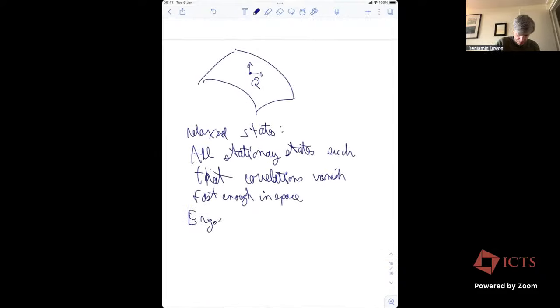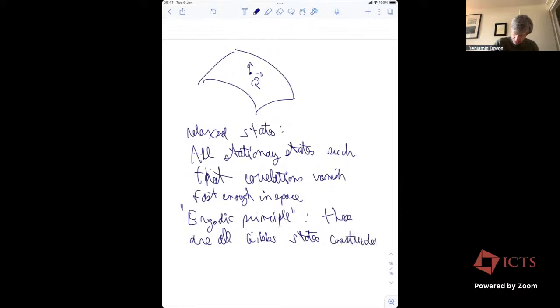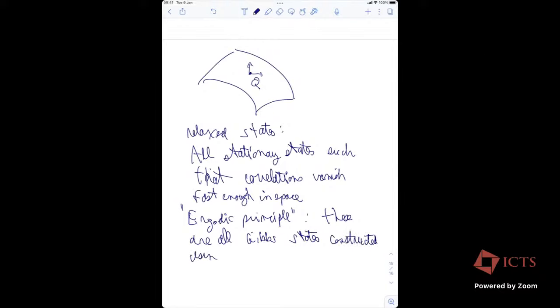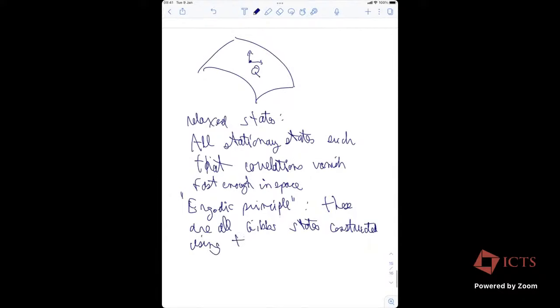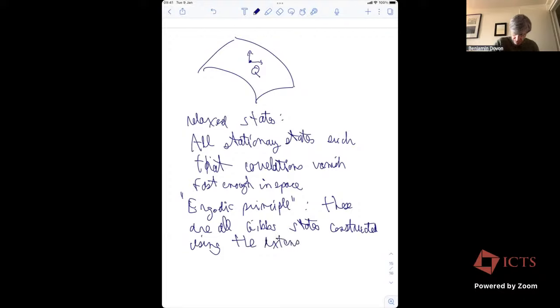The ergodic principle, in quotes: these are all Gibbs states constructed using the extensive conserved quantities.